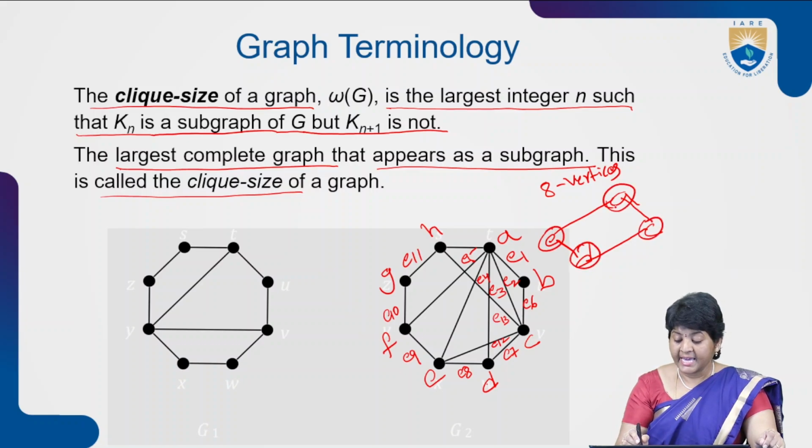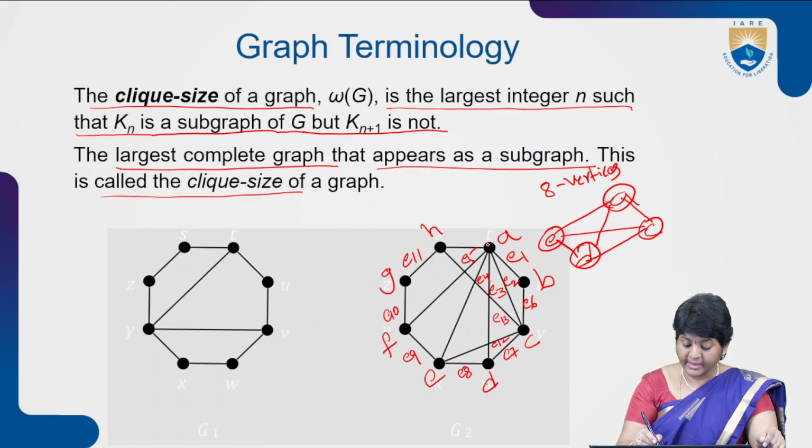But A is connected to D, and D is connected to A. E is connected to A, E is connected to D, and E is connected to C. If you observe carefully, here A to C, fine.